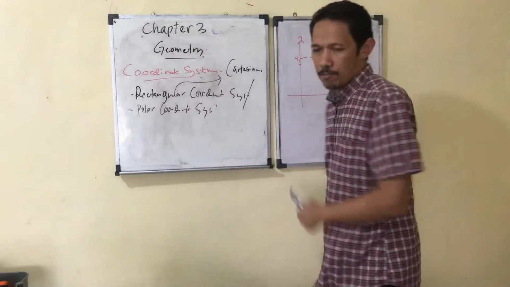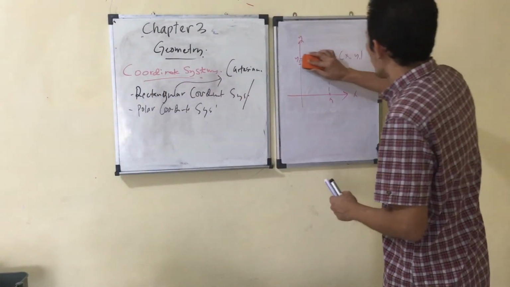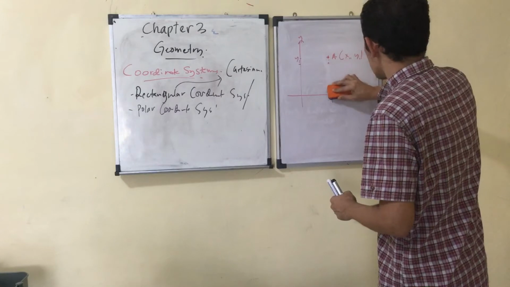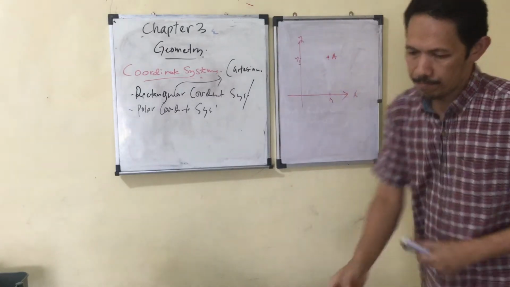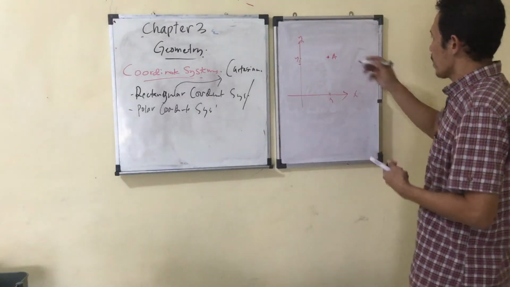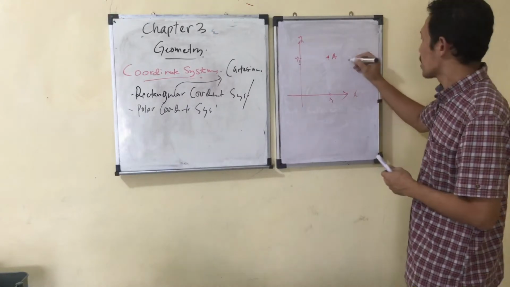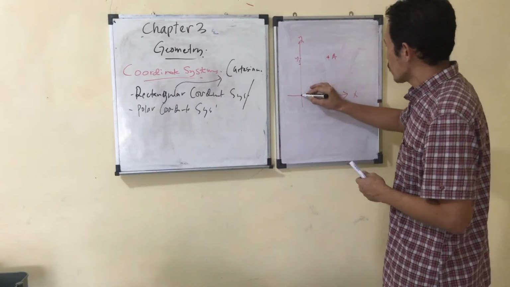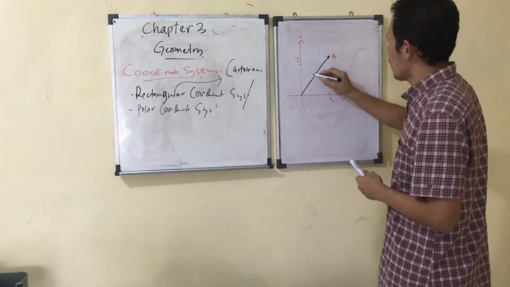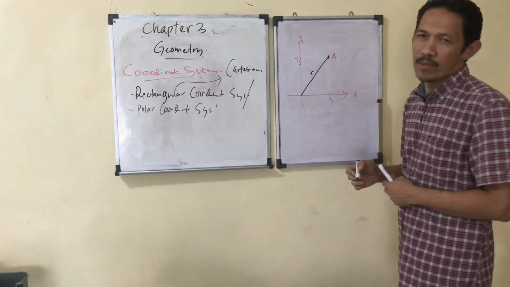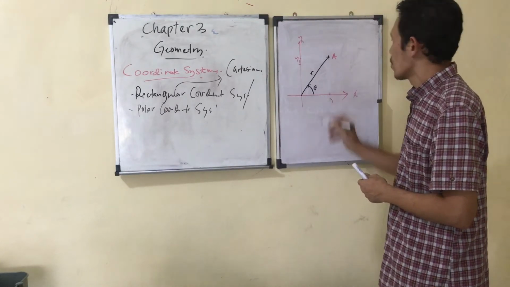Right, what happens in the polar coordinate system? How do you define the point in the polar coordinate system? We also have point A. Instead of defining it as x and y, you can also define point A by finding the value of r and the value of the angle, which is theta.